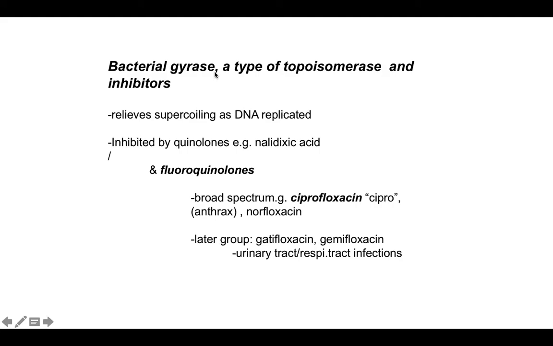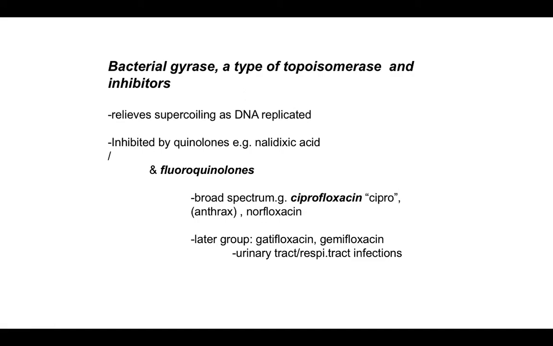We can find a magic bullet, inhibitors that will specifically target and inhibit the bacterial gyrase, so the supercoiling can't be relieved in the DNA. And if the supercoiling can't be relieved, then the DNA can't be replicated. And furthermore, you guys, you can't have transcription either.